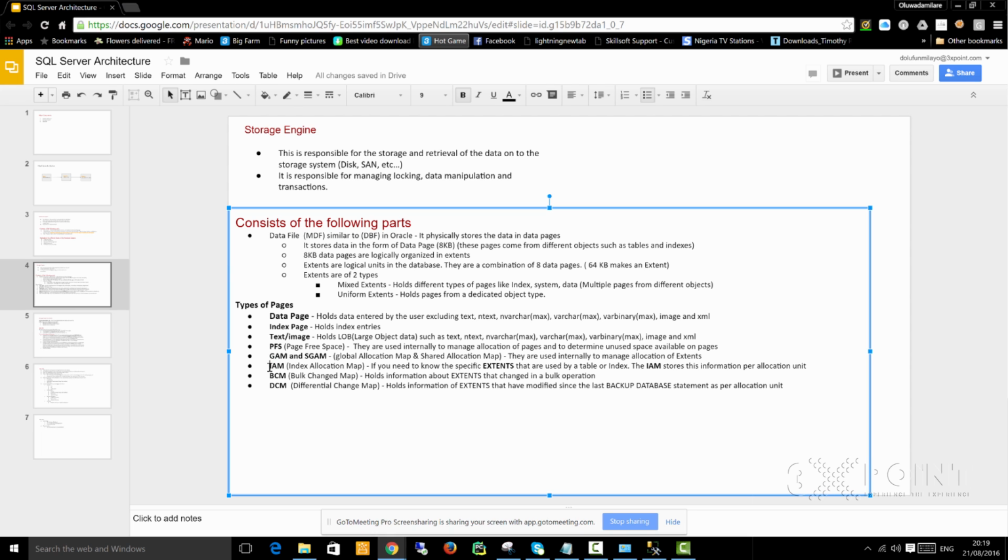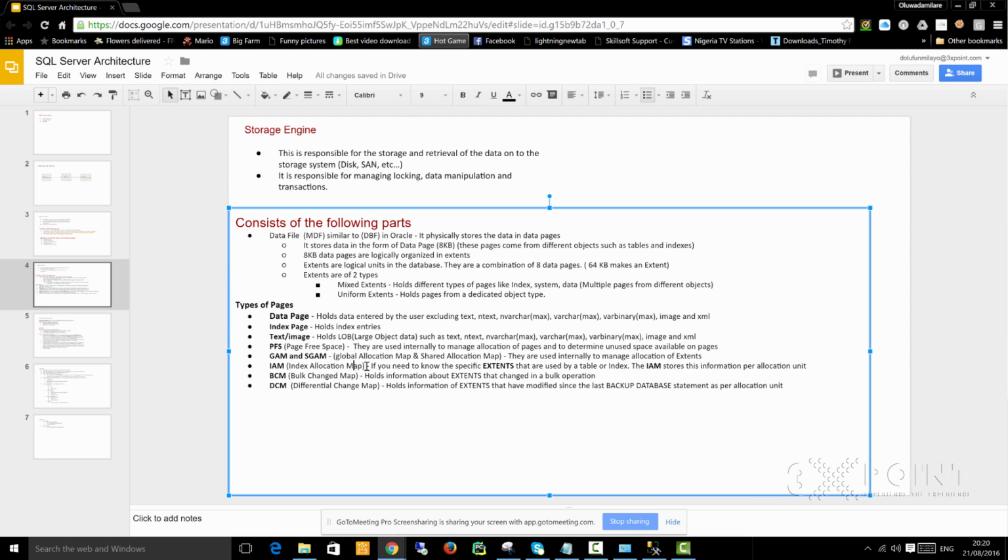So there is the IAM page as well. And what does this do? If you need to know the specific extents that are used by a table or index, you know that extents, be it mixed or uniform, are used by different objects, right? And those objects could be a table or an index. So if SQL Server wants to know which extents are being used by a table, it queries the IAM page, which is the index allocation map.